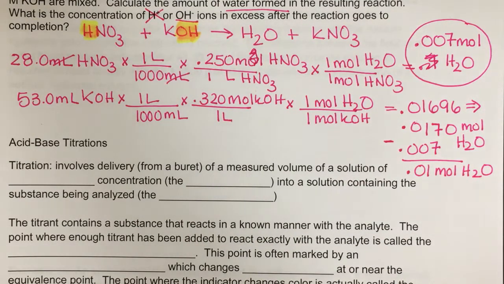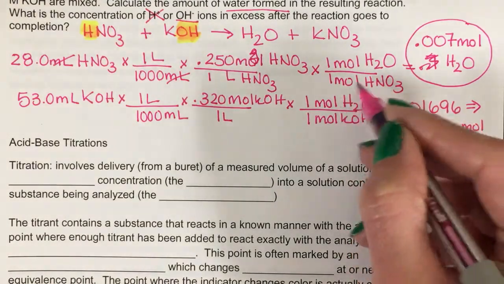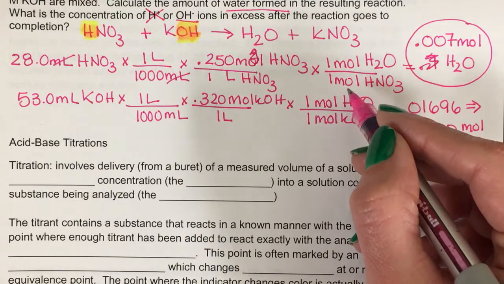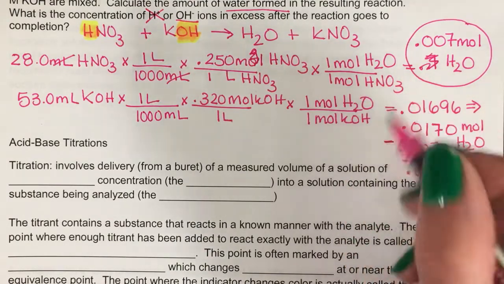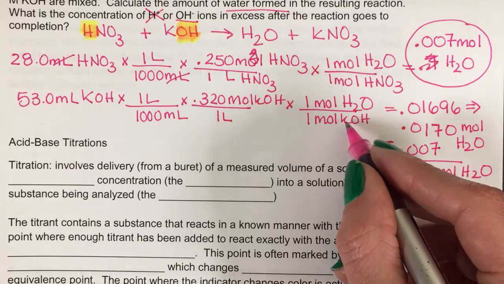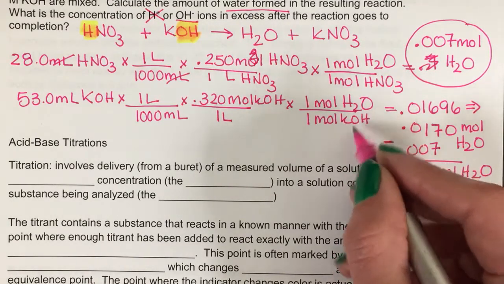But I can work backwards. I know that for every 1 mole of H2O, there's 1 mole of KOH, 1-to-1 ratio. I know for every 1 mole of KOH, there's 1 mole of OH.